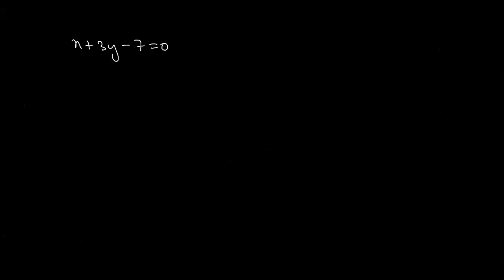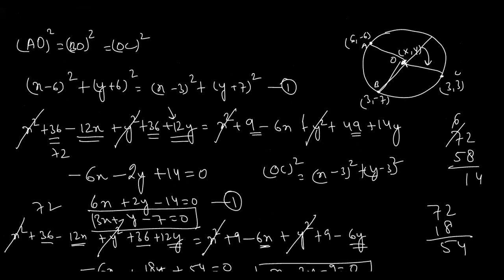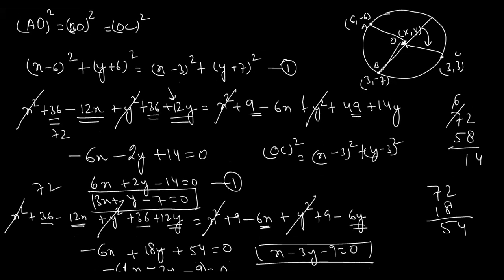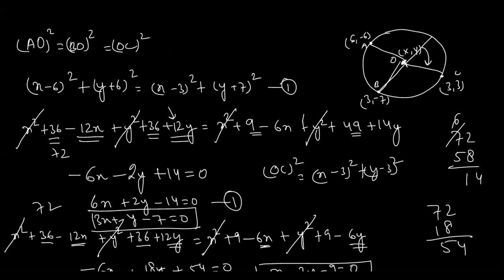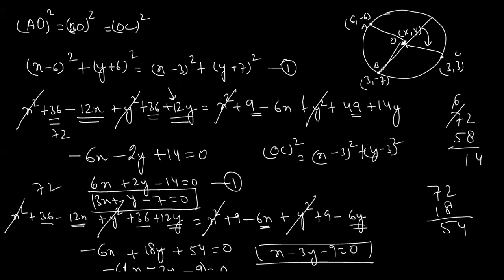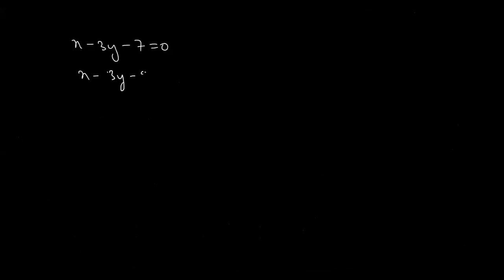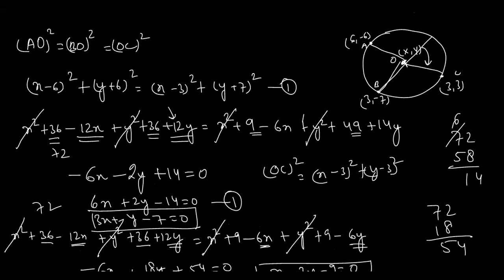And the second equation we have is x minus 3y minus 9 equals 0. So, 3x plus y minus 7 equals 0, and x minus 3y minus 9 equals 0. Here it is 3x and plus y.